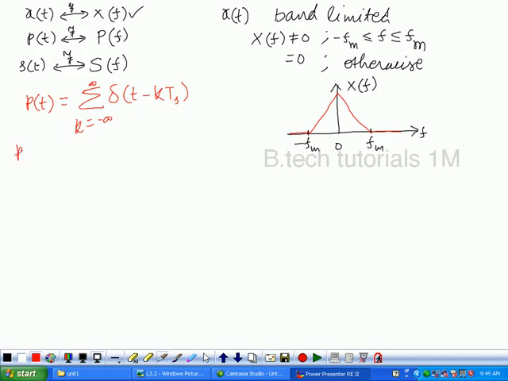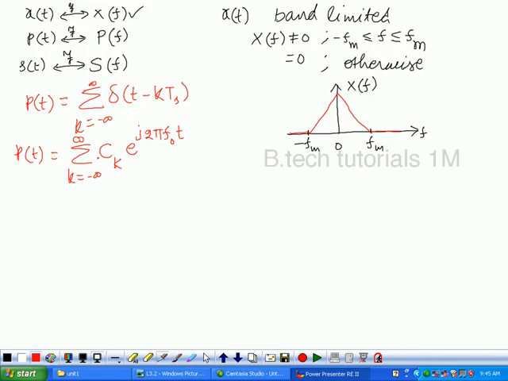So this p of t can also be written as the sum over k from minus infinity to plus infinity of ck e power j2 pi f naught t. What is this? Fourier series representation.